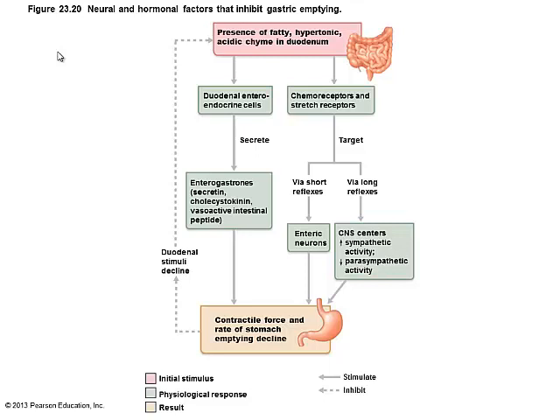So presence of fatty, hypertonic, acidic chyme in the duodenum is going to do what? Once we hit the duodenum, do we want to keep squishing everything in the stomach and pushing it along? At some point, we have to stop that part of the reaction. That's the inhibitory part of the reaction. So that change in pH in the beginning of the small intestine is going to act to do what?